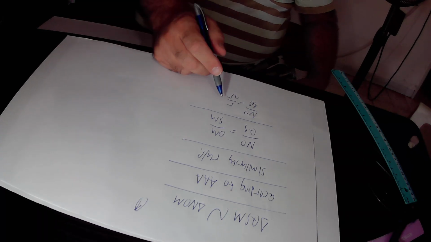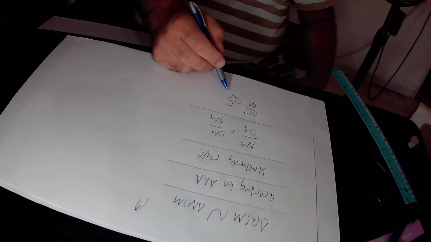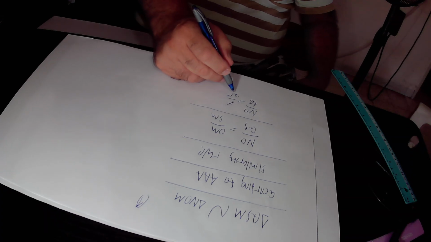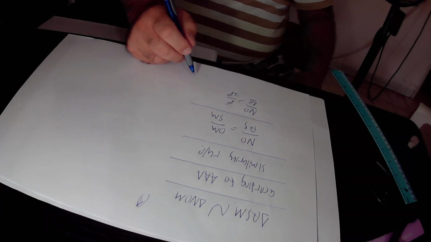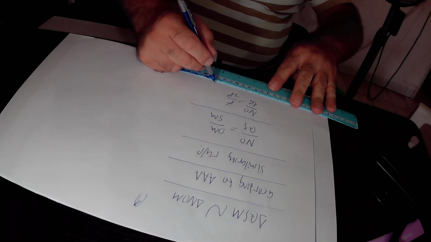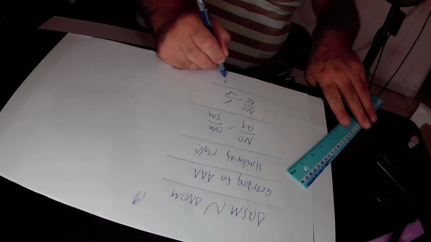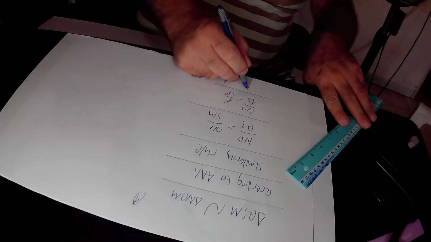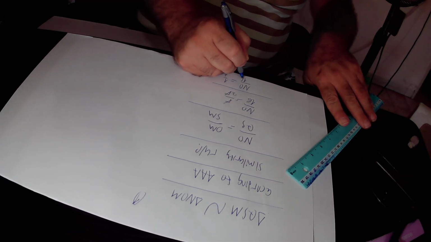We have R in the numerator and R in the denominator, so R will get cancelled. On this side of the equation, we are left only with 1/2. That is equal to NO over 16.